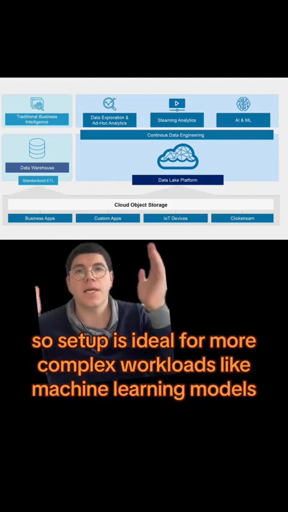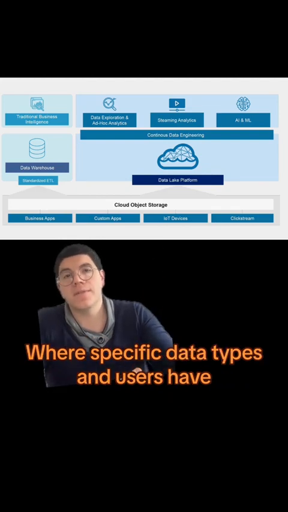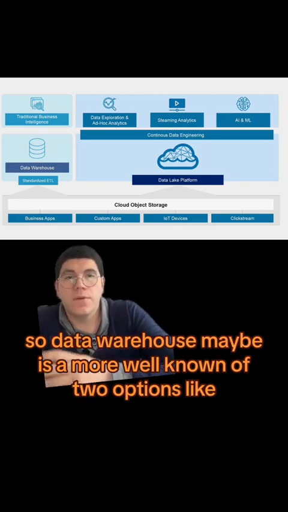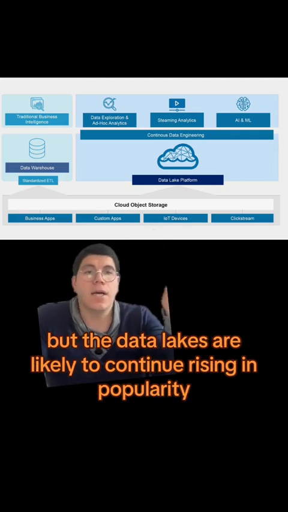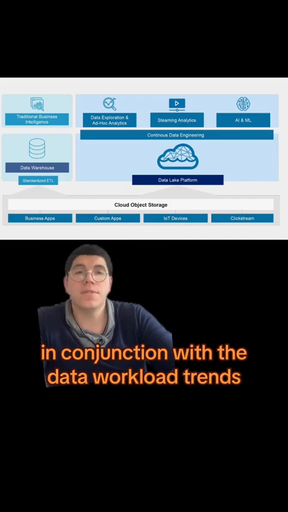This setup is ideal for more complex workloads like machine learning models, where the specific data types and users have not yet been determined. The data warehouse may be the more well-known of the two options, but data lakes are likely to continue rising in popularity in conjunction with data workload trends.